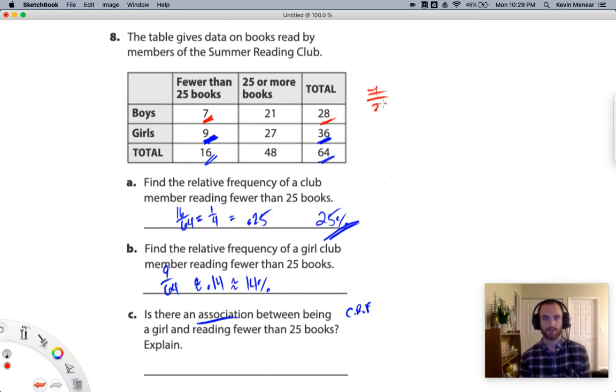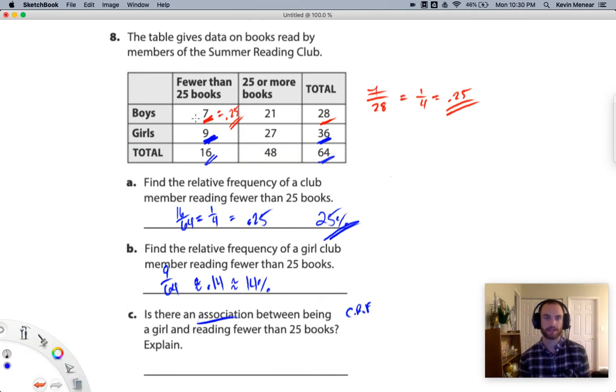So that would be 7 over 28, which simplifies to 1/4, which is 0.25. So the conditional relative frequency of boys reading fewer than 25 books is 0.25. What that means is, given that the student is a boy, there is a 25% chance that the boy has read fewer than 25 books.